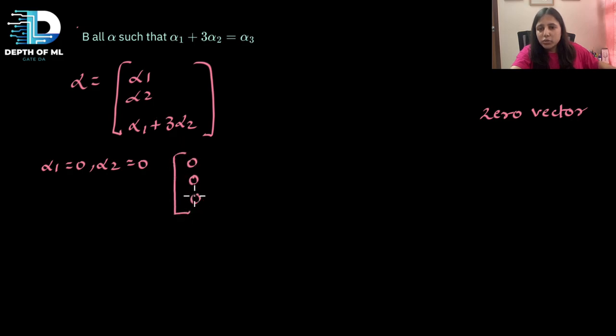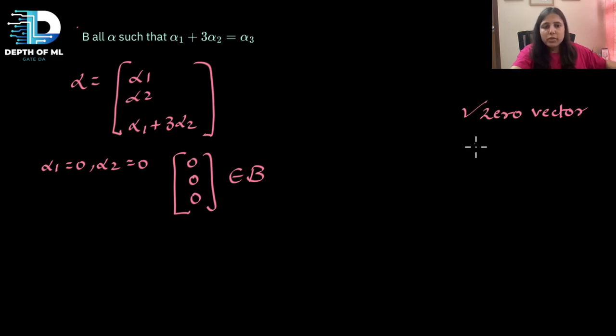First, let's check whether the 0 vector is there or not. If I take alpha 1 equal to 0 and alpha 2 equal to 0, then I will get a 0 vector, 0 0 0, right? Because alpha 1 is 0, alpha 2 is 0, alpha 1 plus 3 alpha 2 will be 0, so this belongs to B.